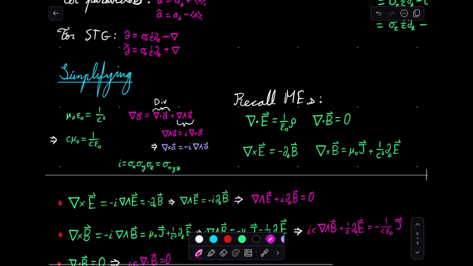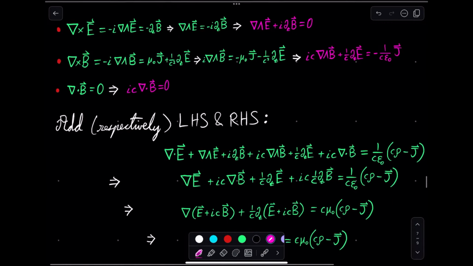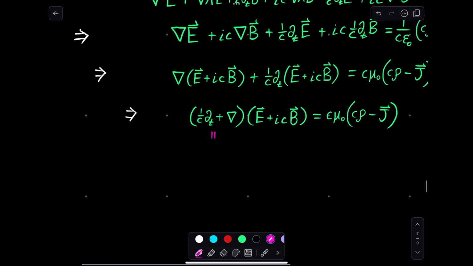This, if we go up here, that's the form seen in the spacetime gradient, but the Clifford conjugate. So this would be the same as a Clifford conjugate.